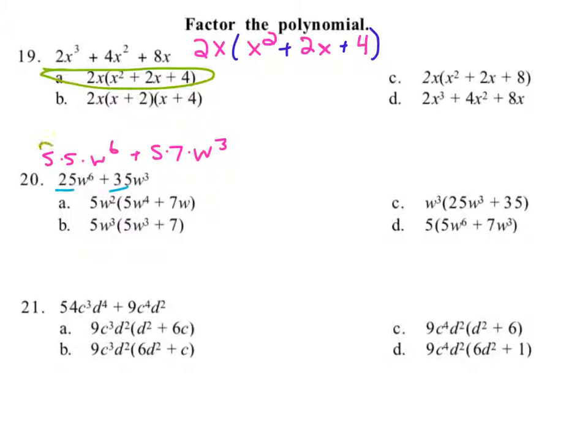So you can see that they share in common. They each have a 5. So that's what we're going to pull out front. We're going to say we've got a 5. And they could each give 3 w's. Okay, this is 6 w's multiplied together, w to the 6th. And this is 3 w's multiplied together, w to the 3rd. So they can each give 3.